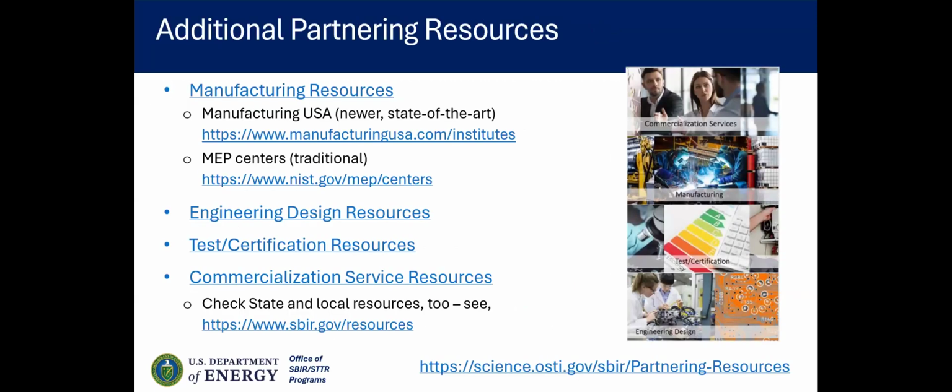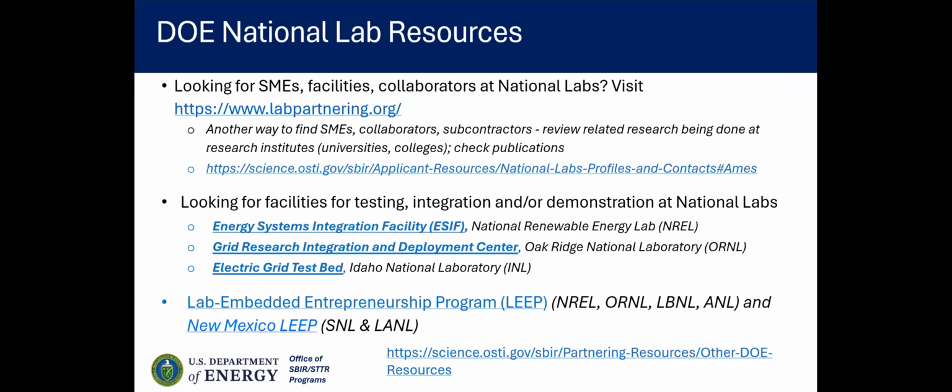We'll mention a few more areas of manufacturing resources, engineering design, which you'll need at some point to advance your product, test certification resources, commercialization service resources. These links are provided here on this slide. And there are also Department of Energy National Lab resources, including facilities that allow you to test, integrate, and demonstrate your technology.